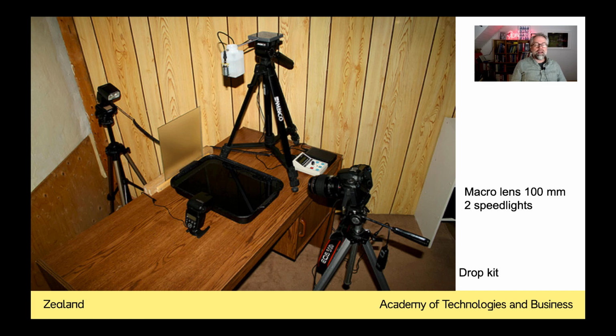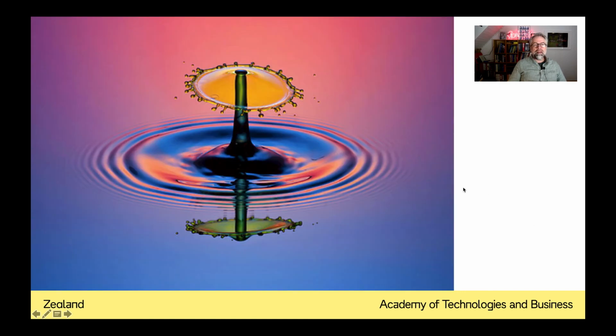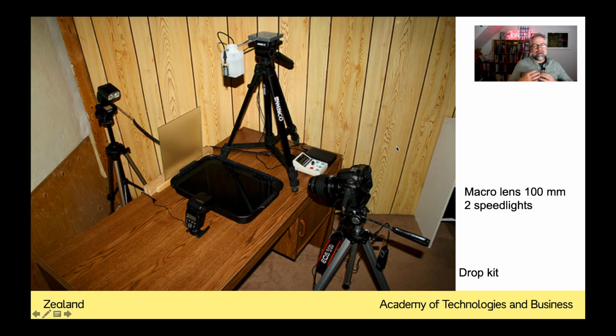And here it's a drop kit, and look, they also have this glass plate in order to create this beautiful reflection in the background. This is a place where you play a lot, and you can buy special drop kits if you like to play a lot with these things.